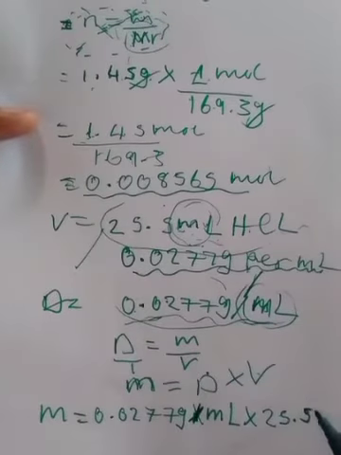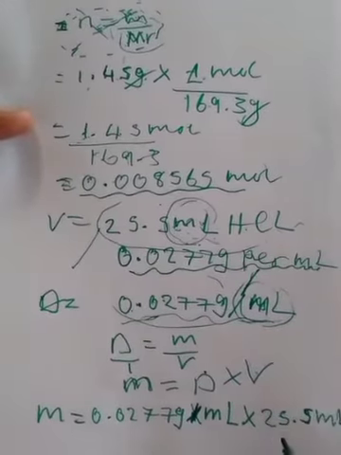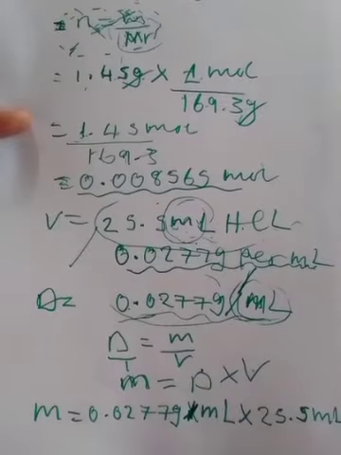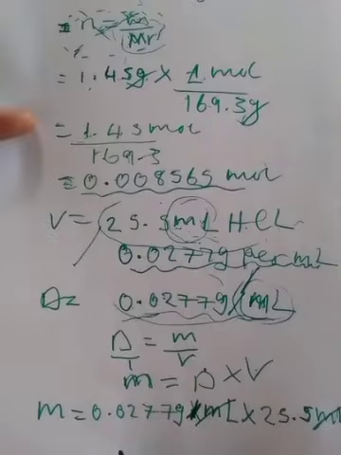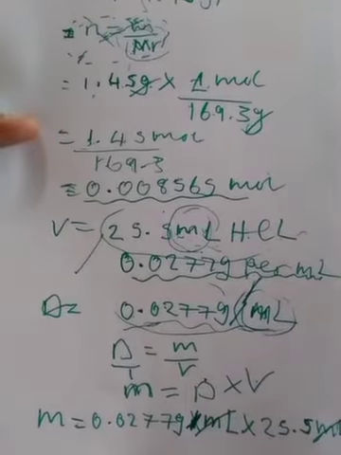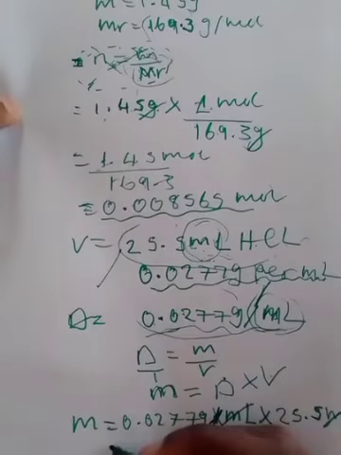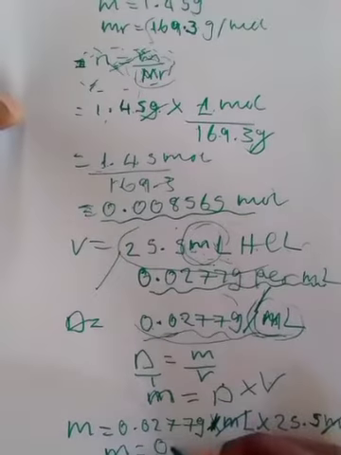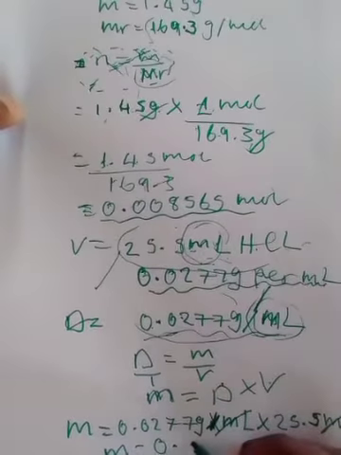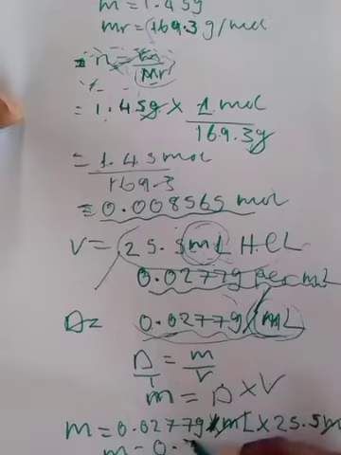So this can easily cancel, and you're just going to remain with grams. When you multiply this, you're going to get the mass of 0.70635 grams.